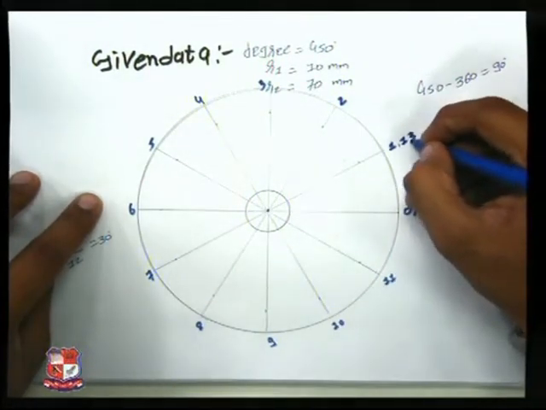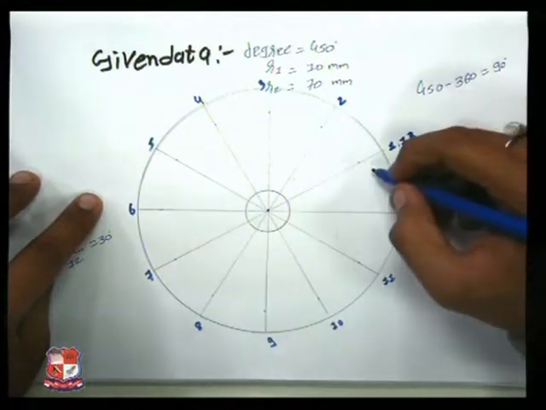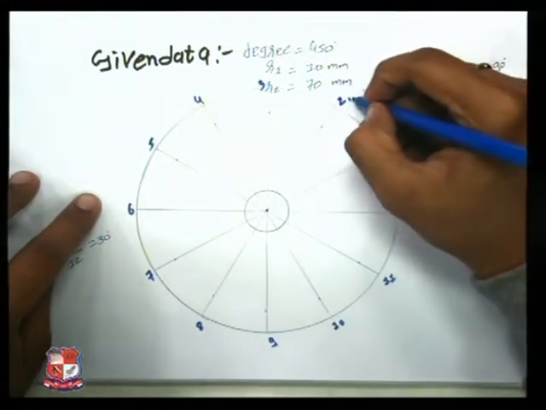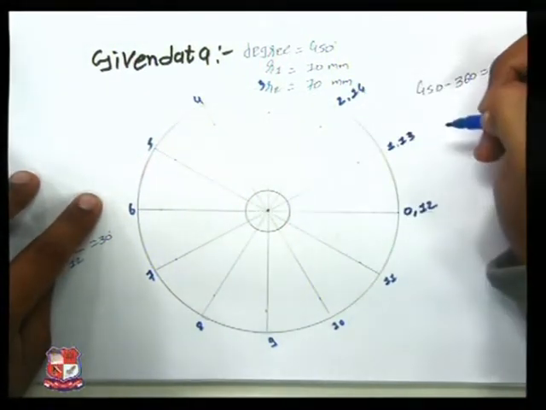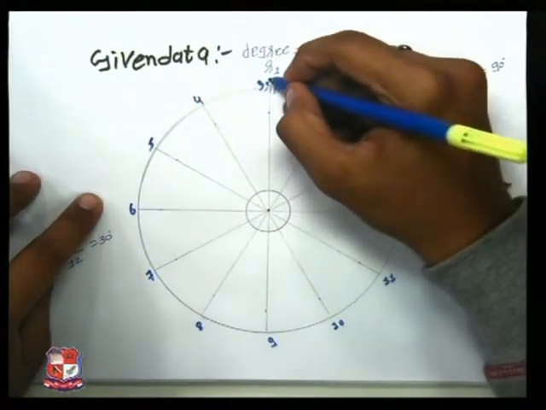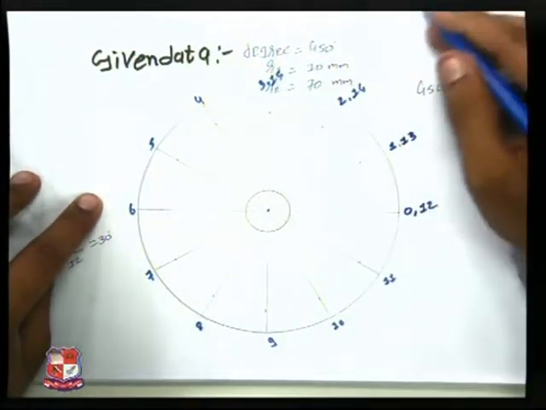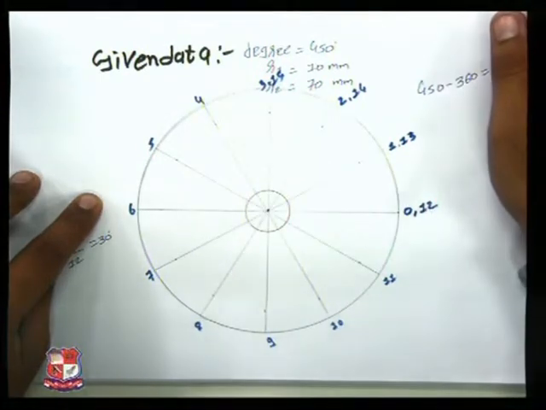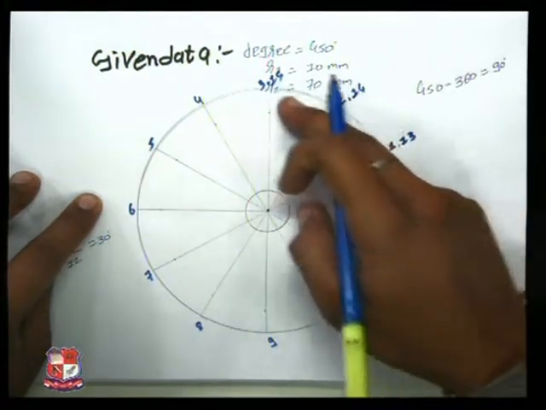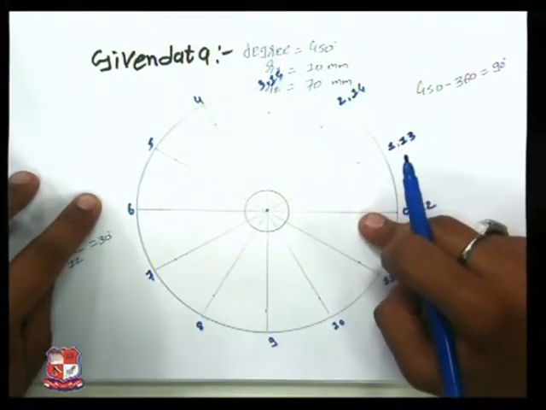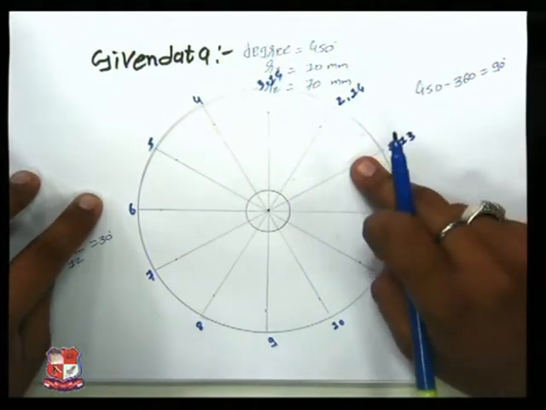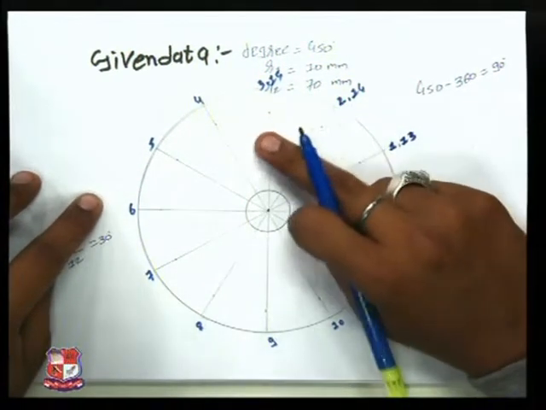We have moved further 30 degrees, 2 and 14 means 60 degrees, and 3 and 15 means complete 90 degrees. Additional to this 360 degrees, we have moved 30, 60 and 90.